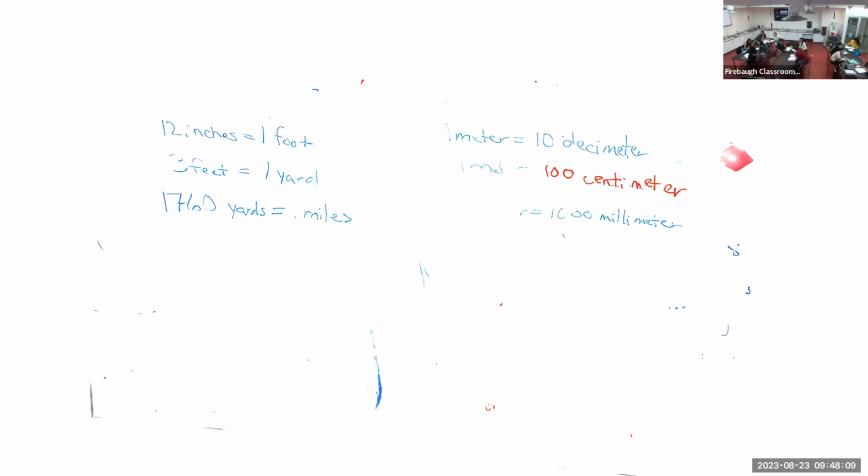So if we take a look, the metric system is base 10, right? So it's increasing by factors of 10, which is a lot easier to remember than 12 inches, 3 feet, 1,760 yards. It doesn't make sense, right? Because the US customary system was based upon the imperial system.